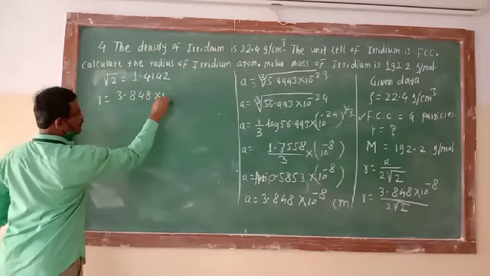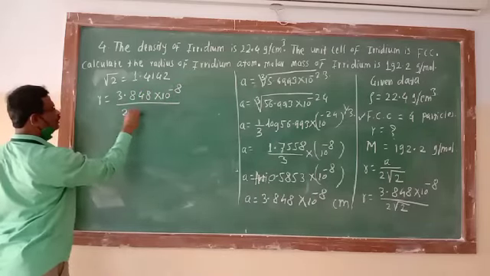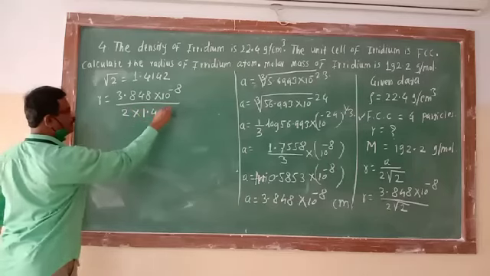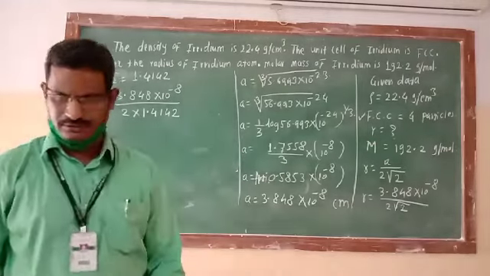Substituting there, radius R is equal to 3.848 multiplied by 10 raised to minus 8 divided by 2 into 1.4142. Now how to solve this factor?